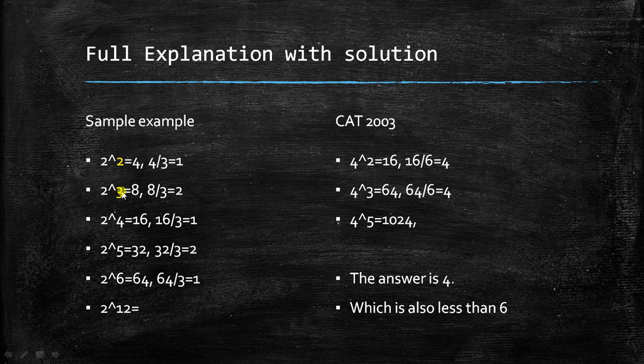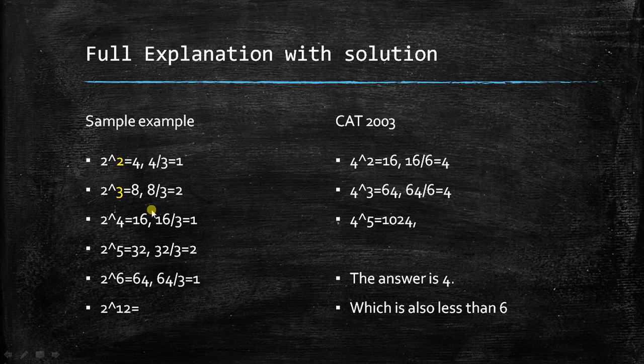So you see here that when the power is an even number, the remainder is 1. When the power is an odd number, it gives 2. In all cases, when the power is even, the remainder is 1, and when the power is odd, the remainder is 2. Here 2 raised to the power 6 is an even power, that's why the remainder is 1.